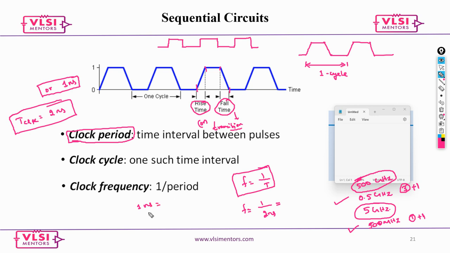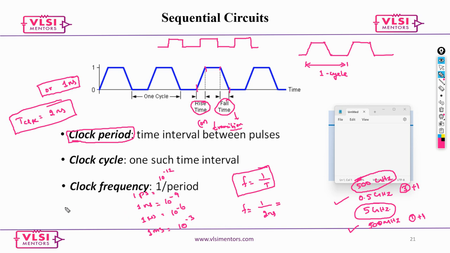So now, when you say 1 ns, what is it? Similarly 1 microsecond and 1 millisecond. 1 ms is 10 to the power minus 3, 1 microsecond is 10 to the power minus 6, 1 ns is 10 to the power minus 9, and 1 ps is 10 to the power minus 12. This is in terms of seconds.